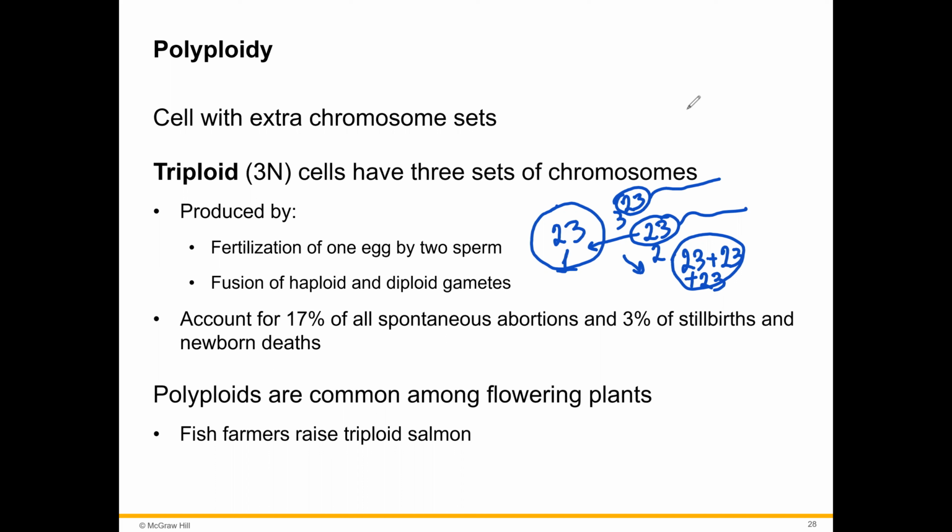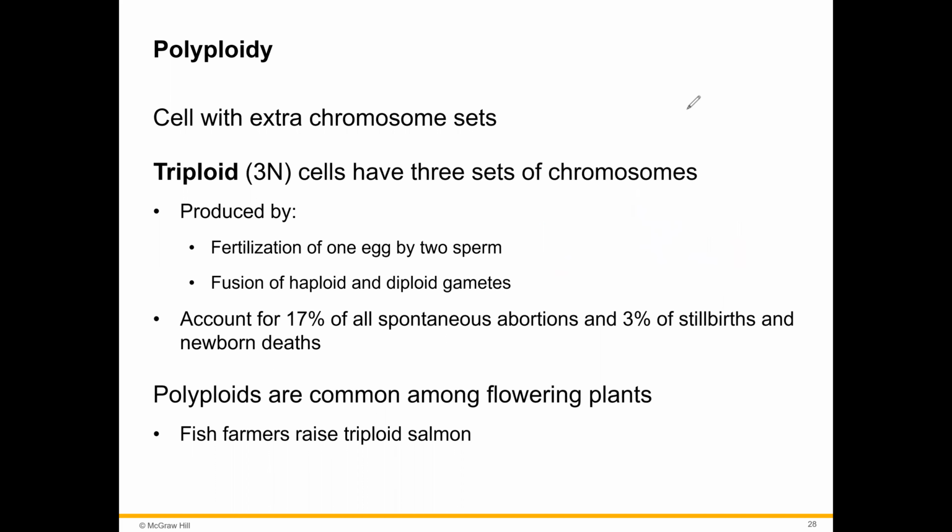That's what triploid is. Or fusion of haploid and diploid gametes. So that's the egg and sperm. They're supposed to be haploid. Haploid means we have half the number of chromosomes. So it should be 23.